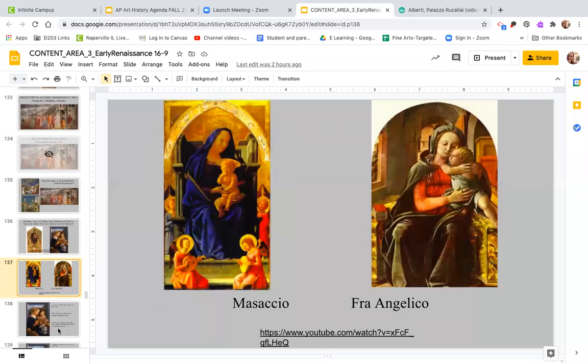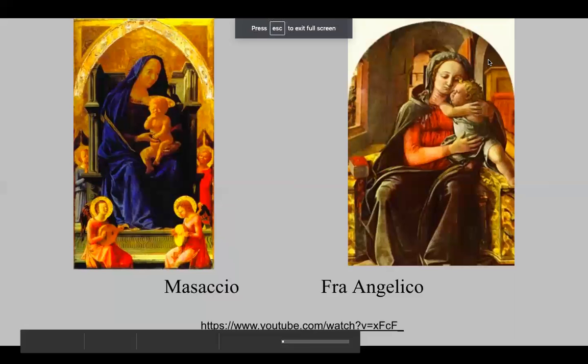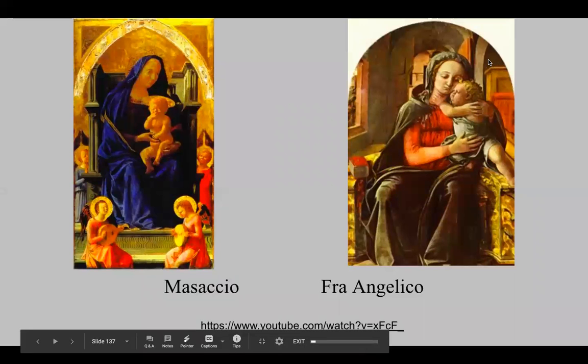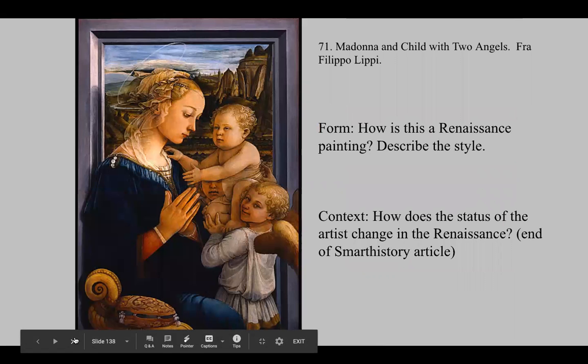Okay, so here we have some kind of departures. Madonna and Childs don't disappear. And so we have other artists like Fra Angelico and Masaccio doing this Mary and child imagery. But you can see how they're very different from what we just saw when we looked at late Gothic, right?